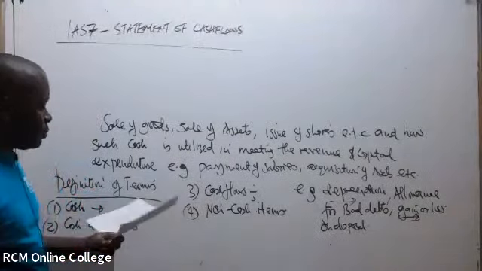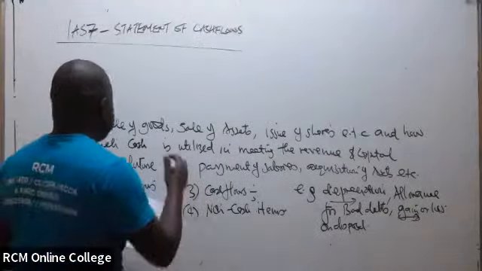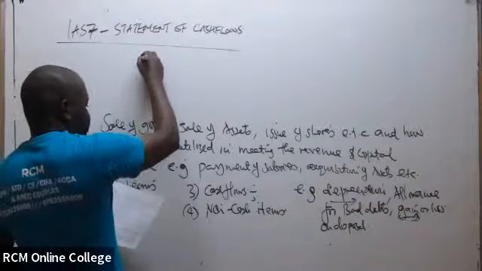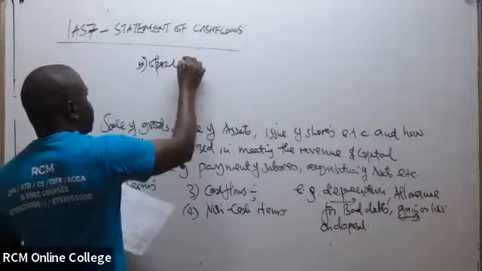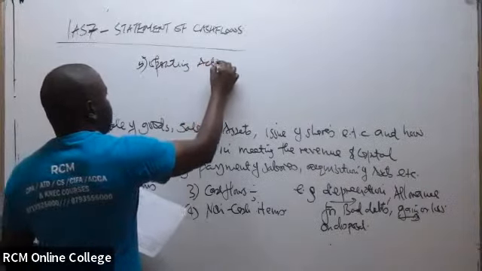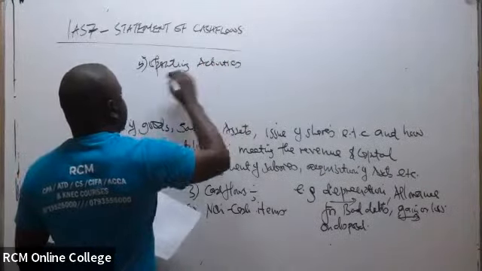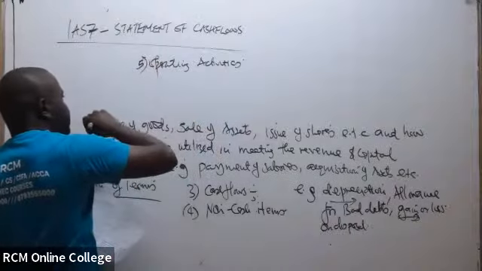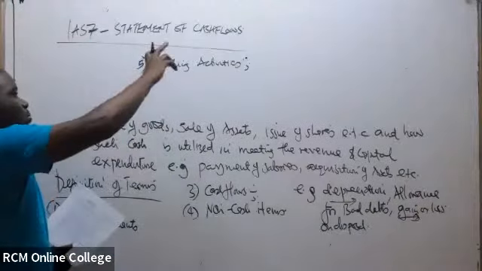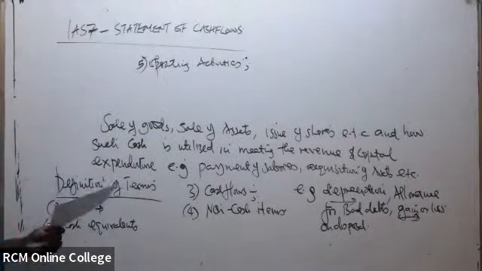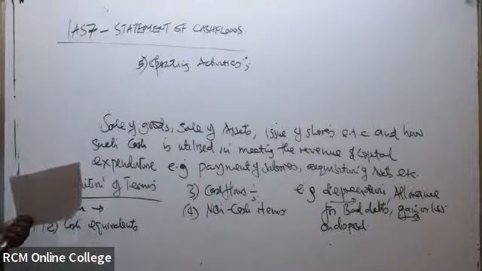Then another term we have in this case is operating activities. So what are operating activities? You write this about operating activities. It is one of the components of a statement of cash flow. So we'll categorize some of the activities as operating activities.